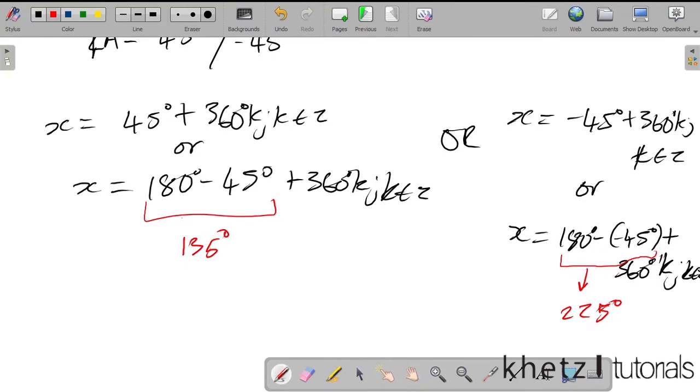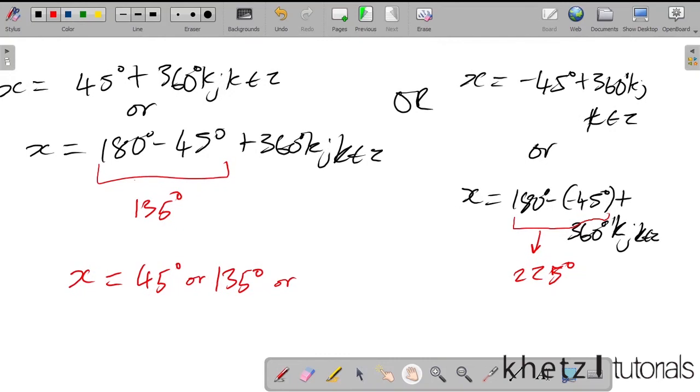So if you now finalize your solution, you only have to list the solutions which occur in between 0 and 360. So the first one would be 45, and another one would be 135, of course. You can just list them like this.